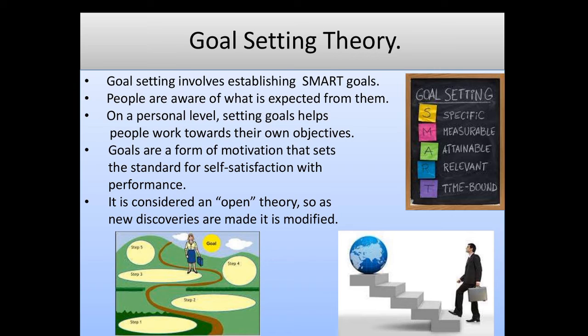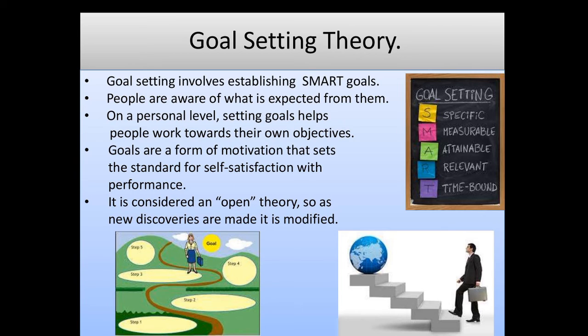So people are aware of what is expected from them. What companies are expecting from their employees, everybody in the organization will know. On a personal level, setting a goal helps people work towards their own objectives.